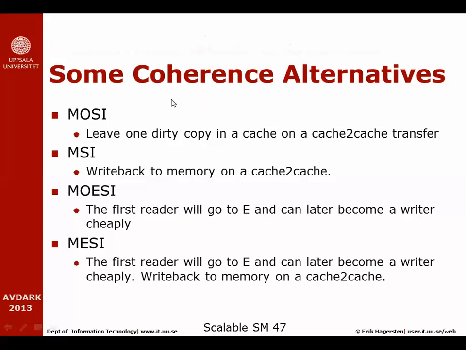We also typically implement the same flavors of protocols: MOSI, MSI, MOESI, MESI, and other letter combinations as well. But there is not a huge difference between the protocols. Maybe the largest difference is that cache-to-cache transfers don't make as much sense with a directory-based protocol as with a Snoopy-based protocol. So you are more likely to implement a MESI protocol rather than a MOSI protocol with a directory-based implementation.